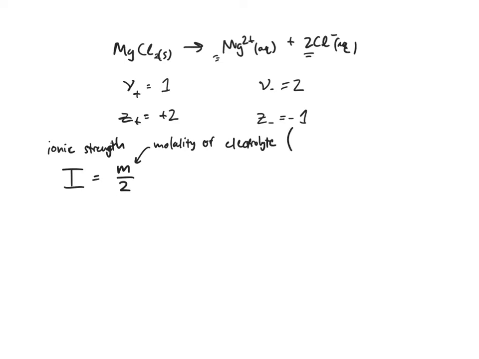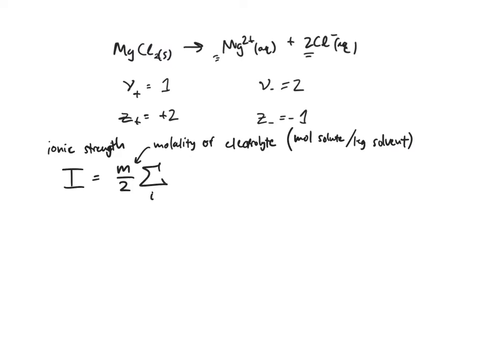And remember, the molality is the moles of solute per kilogram of solvent. I know it's annoying to have to switch back and forth between molarity and molality, and I'm right there with you. I know it's annoying too, but this is just the convention that they use, so we've got no choice really. We just got to be able to switch back and forth easily between molality and molarity.